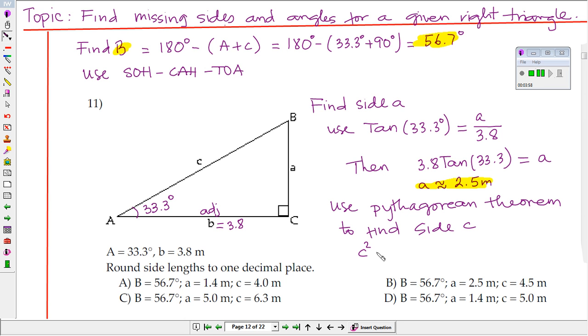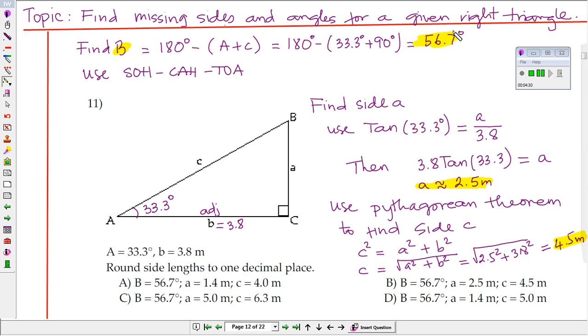To find side C, C squared equals A squared plus B squared, or C equals the square root of A squared plus B squared, and you substitute your A and your B. Your A is 2.5 squared, and substitute your B for 3.8 squared, and that will give your C as 4.5.